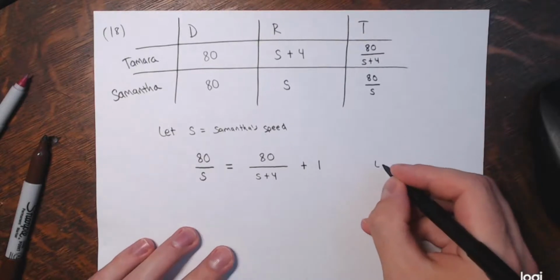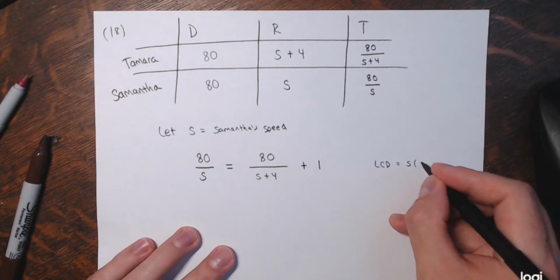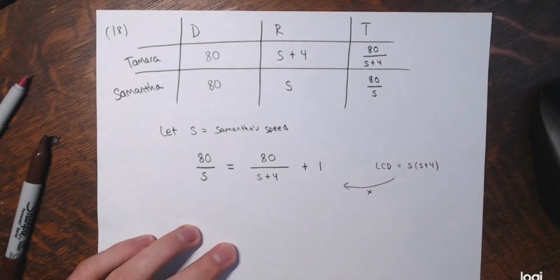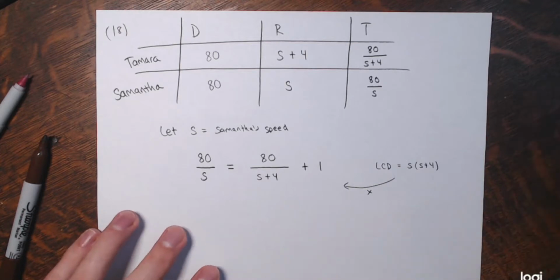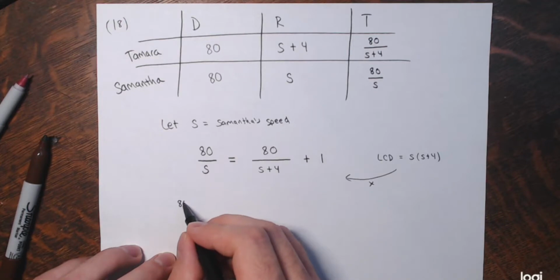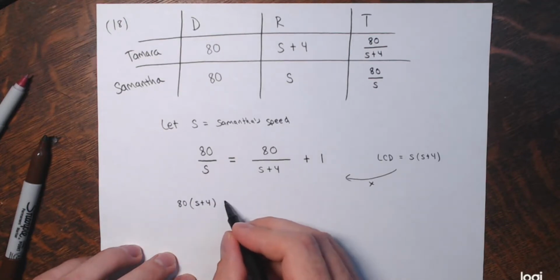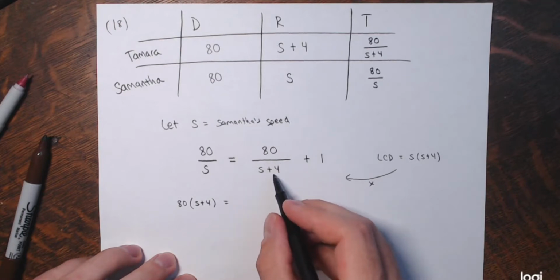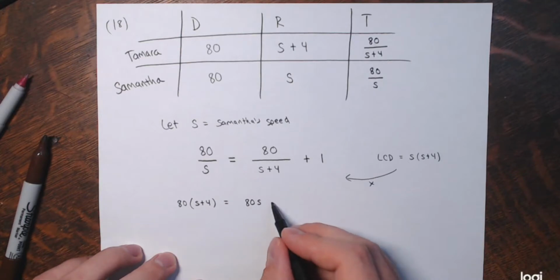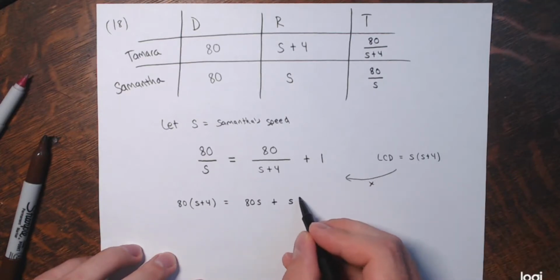So making this larger, we'll solve the equation. Again, the LCD is S times S plus 4. We're multiplying everything on both sides by this LCD to cancel denominators. On the left side, I'd have 80 times the quantity S plus 4, equals, first term on the right side, you just have 80S, plus 1 times the LCD, which is S times S plus 4.